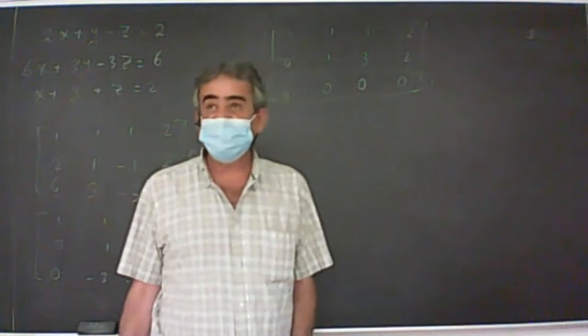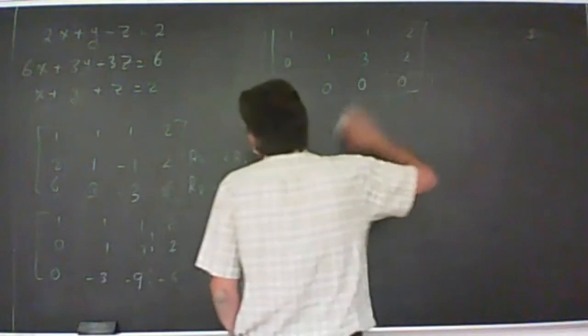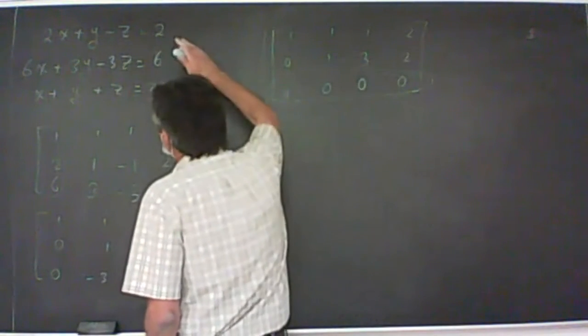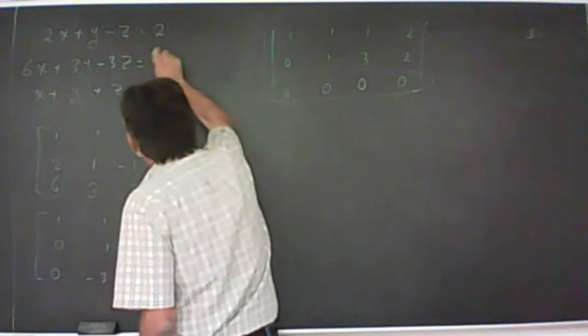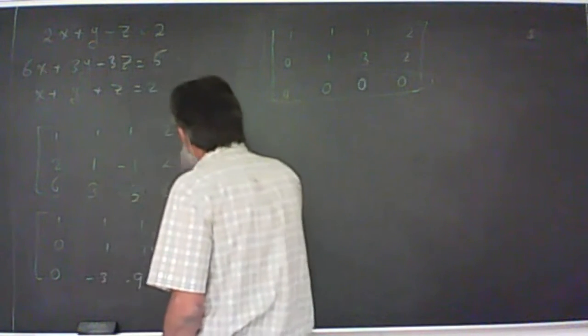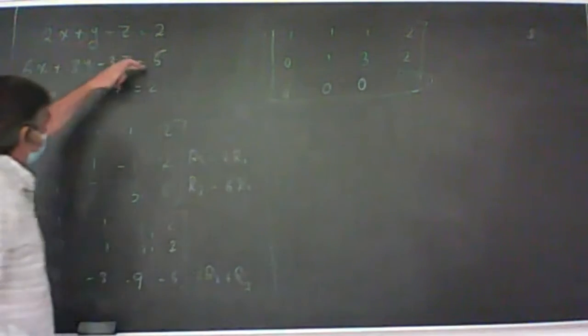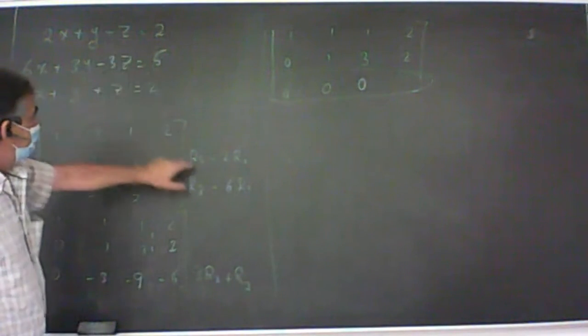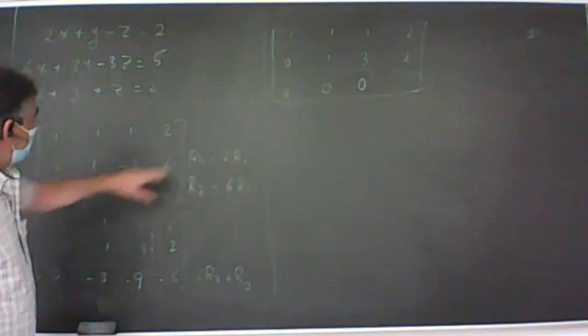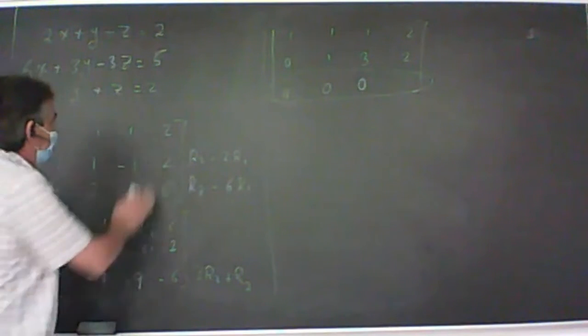However, if I change this, for instance, where was it? Make that a 5, and the whole thing will change. Let me see what we end up with over here. So this one is going to be row 2, so this would be a 5.